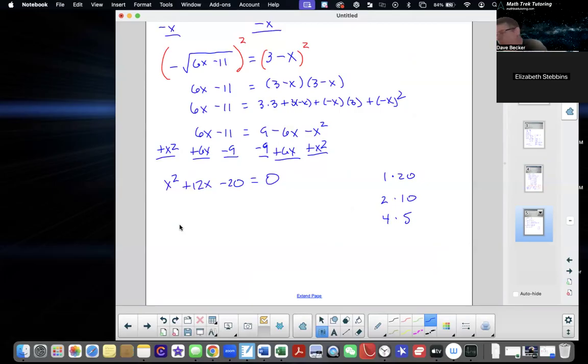So x equals negative b plus or minus the square root of b squared minus 4ac, and then over 2a.